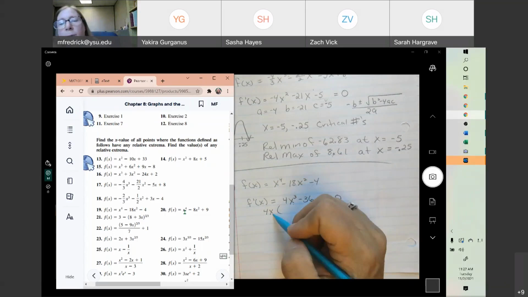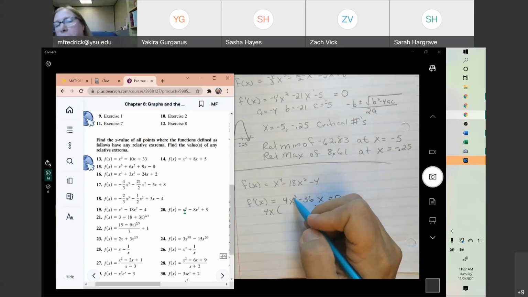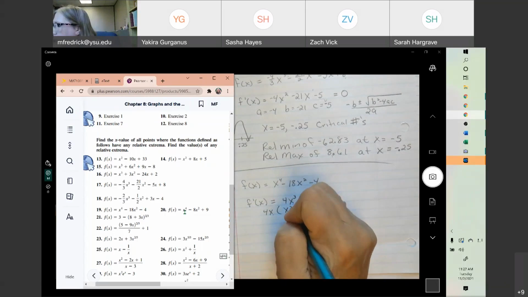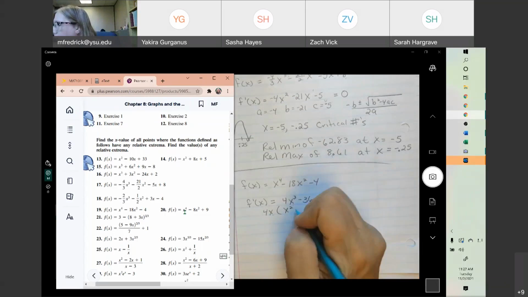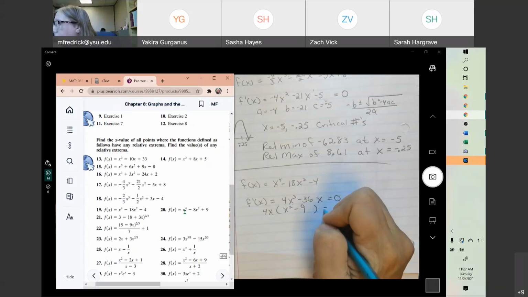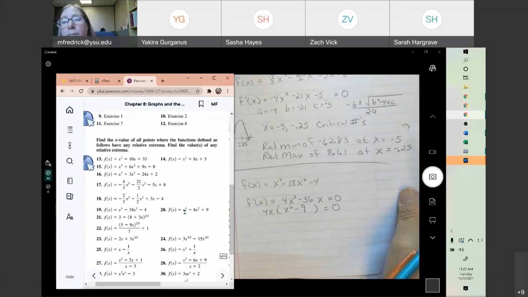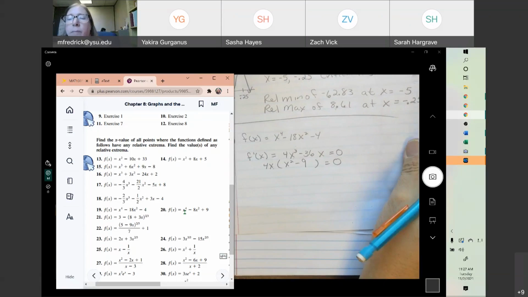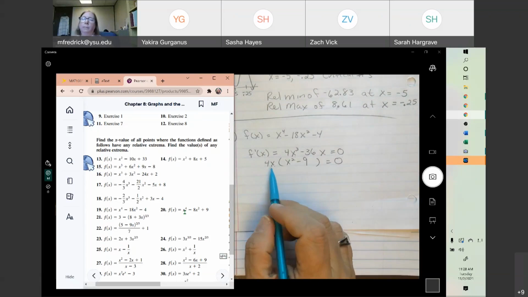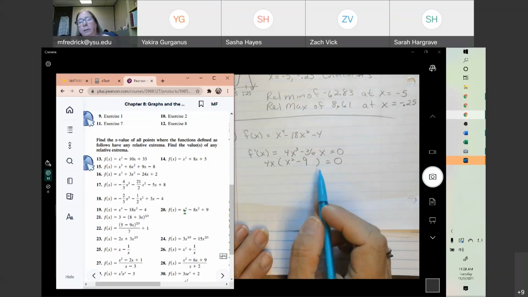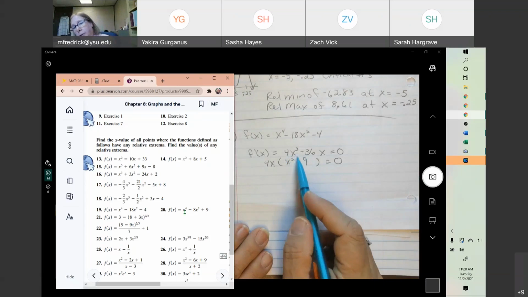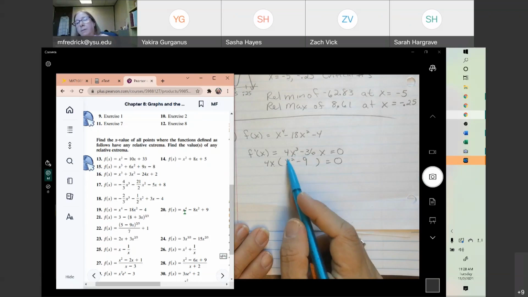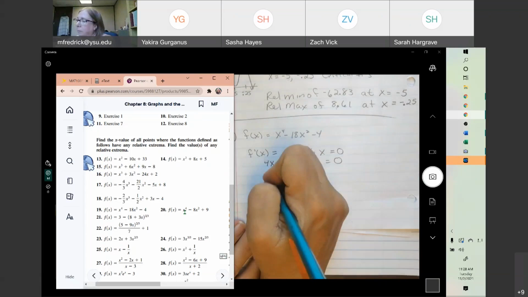If we pull a 4x out, here we'll have x squared and here we'll have a -9. Then we can set both of them equal to 0, or you could factor this further. This is the difference of squares.